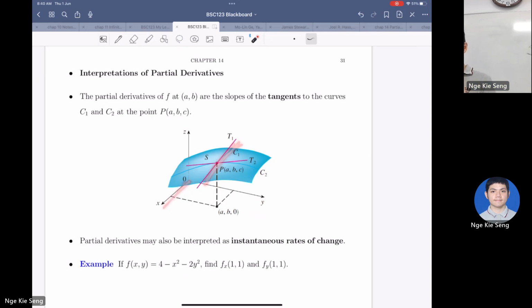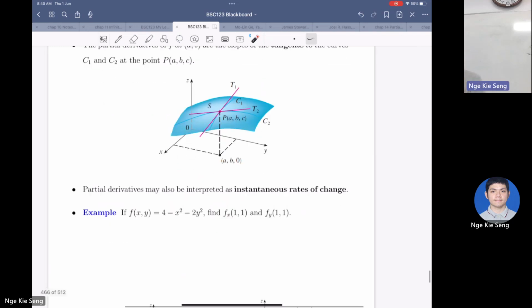C2 here is the curve in the direction of y. Then the partial derivatives we found are the slopes of these two tangent lines.